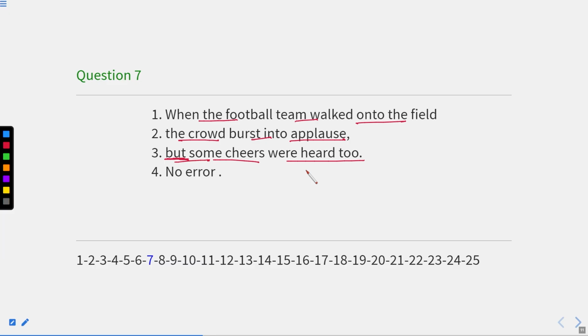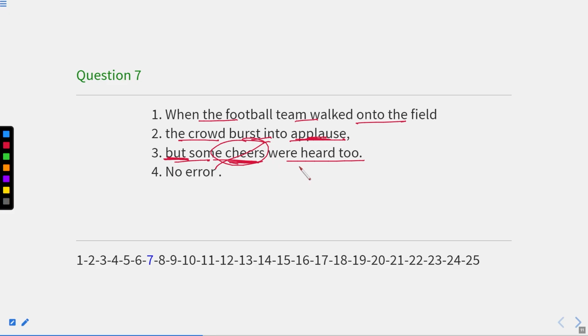Cheering for them. But some cheers were heard too. Now, cheers and applause are similar words, or you can say they both are positive words. And but is a word which makes the contrast between the two statements. So therefore this word cheers is incorrect over here. There should be something which is a negative aspect, or the opposite of the word applause, which means to praise, to clap for someone.